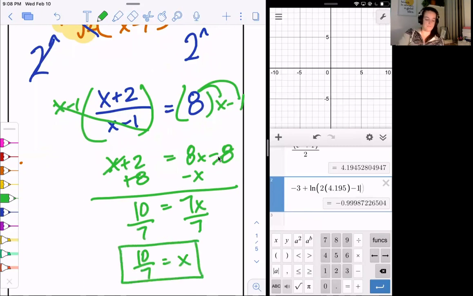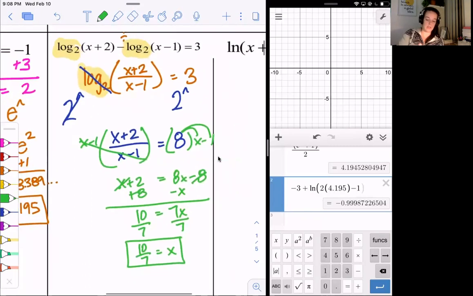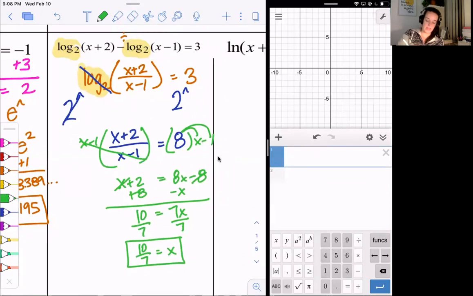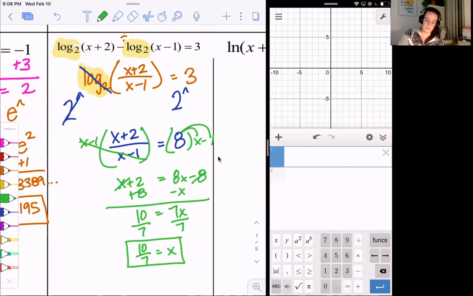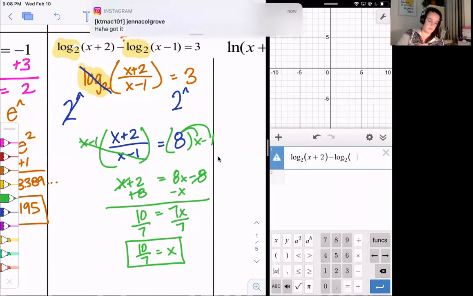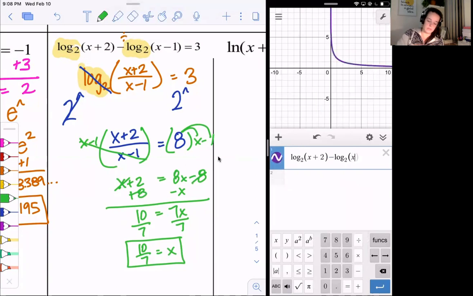Just like that. If I wanted to check my thinking here, I again could plug it in my calculator. We'll do log base 2 of x plus 2, minus log base 2 of x minus 1.